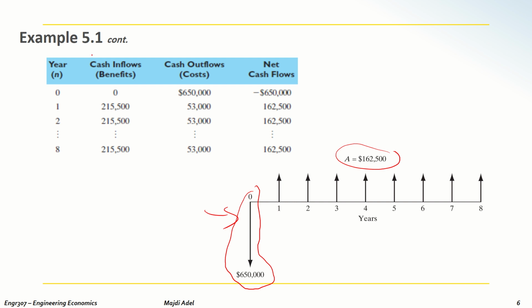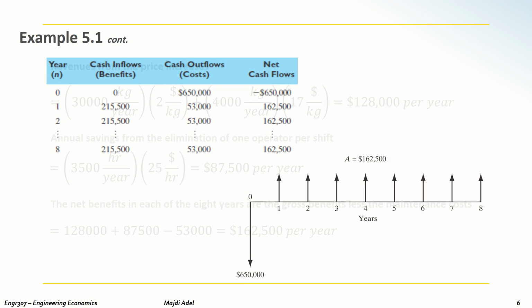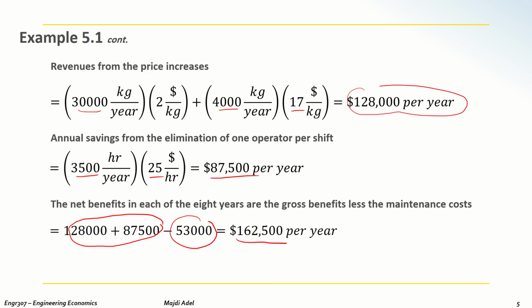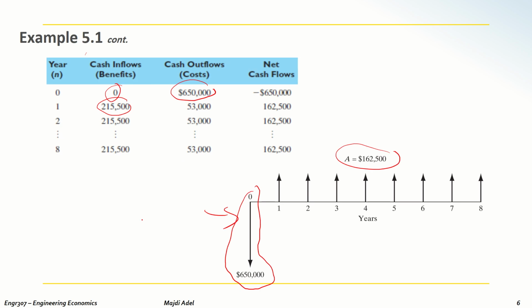And as you can see, the cash inflow at n equals 0, we don't have any cash inflow, but we have an outflow of $650,000. At n equal 1, we have cash inflow of $215,500, which is 128,000 plus 87,500, and we have outflow of $53,000.